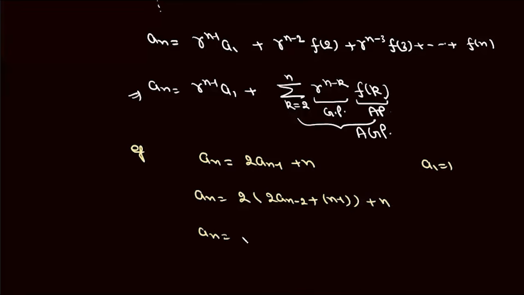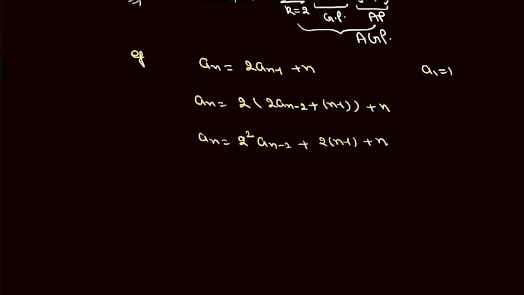So this an will be 2 square an minus 2 plus 2n minus 1 plus n. If we write it for an minus 3, an will be equal to 2 cube an minus 3 plus 2 square n minus 2, plus 2n minus 1, plus n.